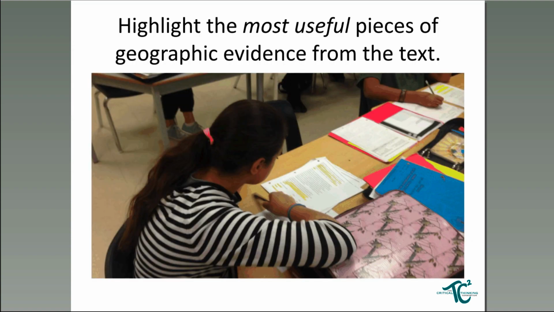Another example, how you can take a simple prompt, like you're asking students to read a passage from a briefing sheet. You can tweak that into a simple prompt, highlight the most useful pieces of geographic evidence from the text. So that now, a task that was a reading task becomes a thinking task. Highlight the most useful piece.